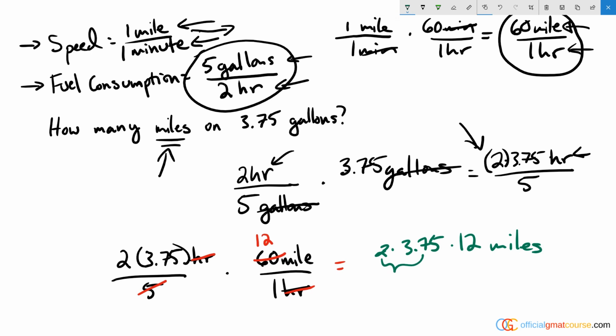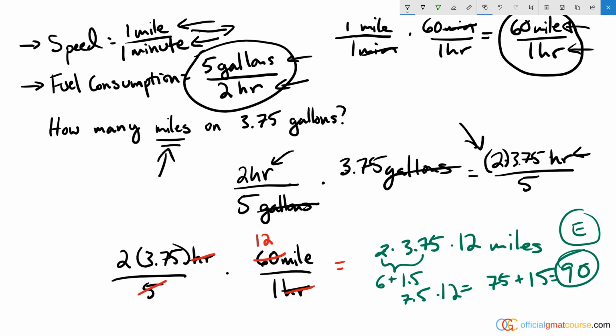And 2 times 3.75, 2 times 3 is 6, 2 times 0.75 is 1.5, so that is 7.5 times 12, and that is going to give me 75 plus 15, and that is a total distance of 90, which is answer choice E. So I was able to travel 90 miles on that amount of fuel, 3.75 gallons.